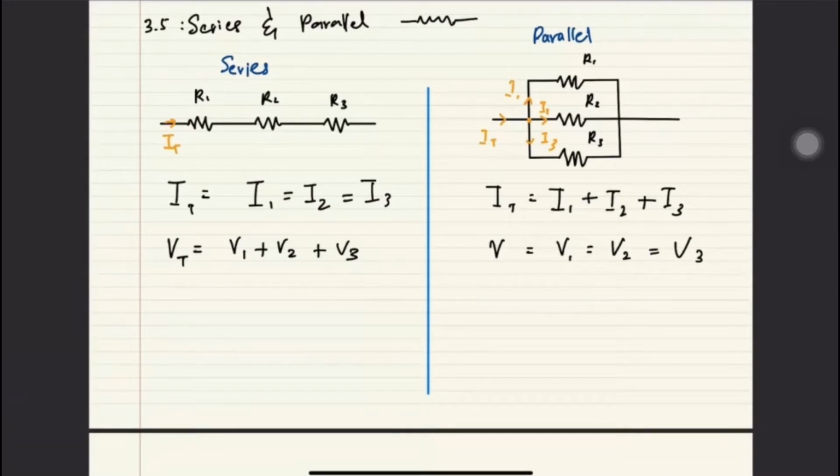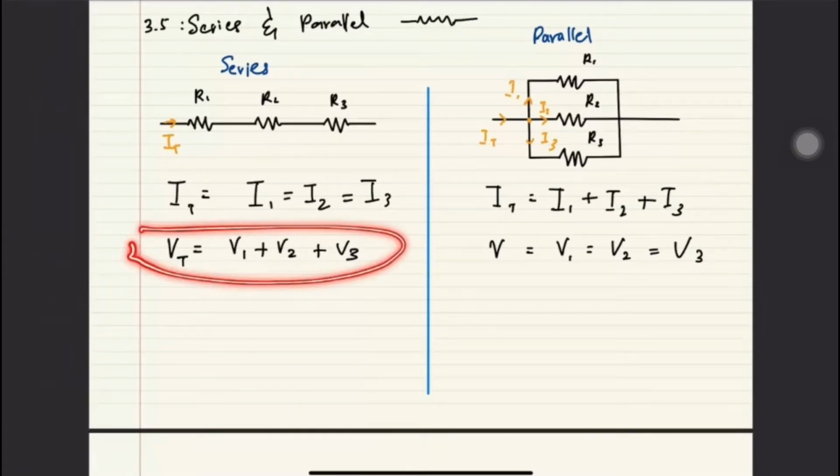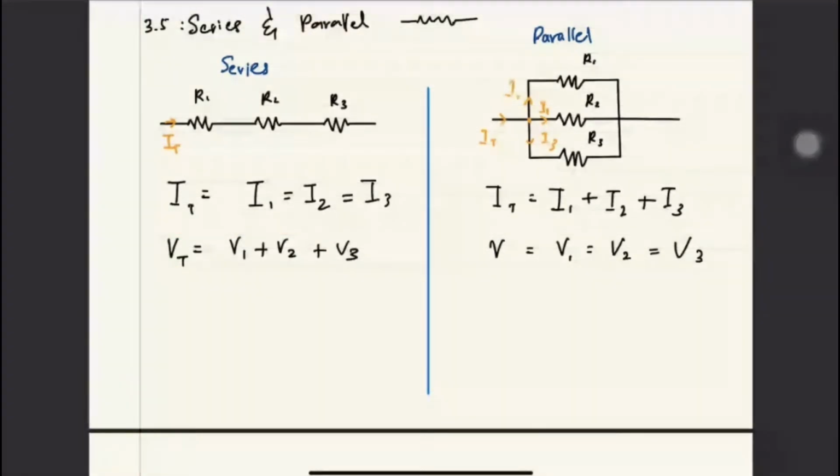If I want to derive, I can start with the equation with the plus sign. In this example, the plus one is V. So I can substitute Ohm's law, where V equals IR. So I have IR equals IR plus IR plus IR.